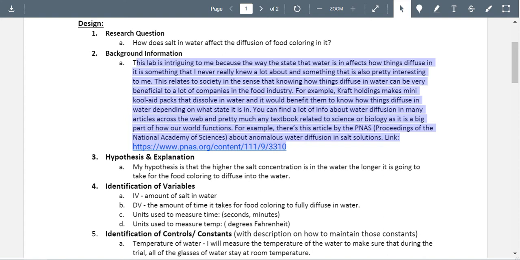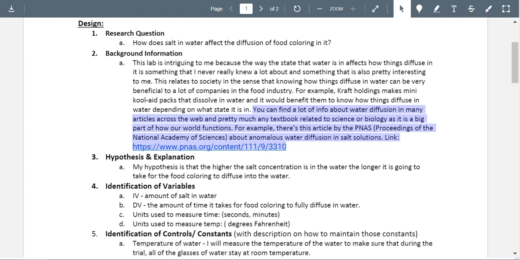Diffusion. Okay, well, you're telling me I can learn more about water diffusion, and this is where you probably want to delete this entire several sentences. I'm asking you here, tell me about diffusion. What have you learned about diffusion? And you're saying I can go to these sites and learn more if I want to. But we're in a research paper. You've got to tell me what you know and what you have learned.